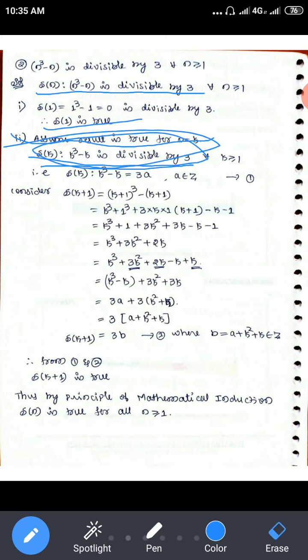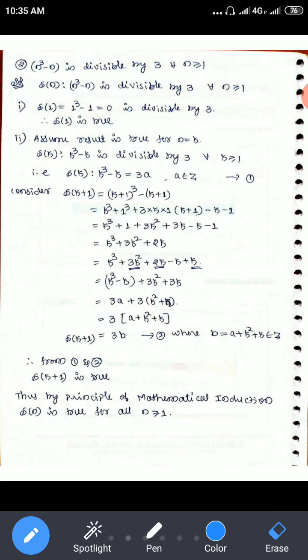The same thing I am writing as S of k such that k cube minus k is equal to 3a, where a belongs to Z. Divisible by 3 means it should be a multiple of 3.